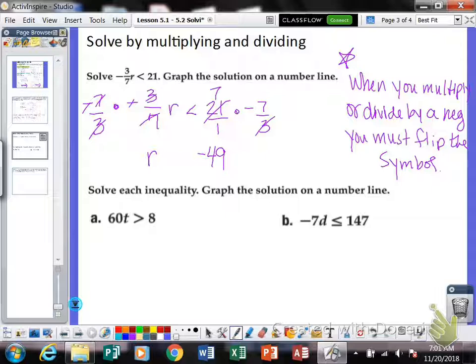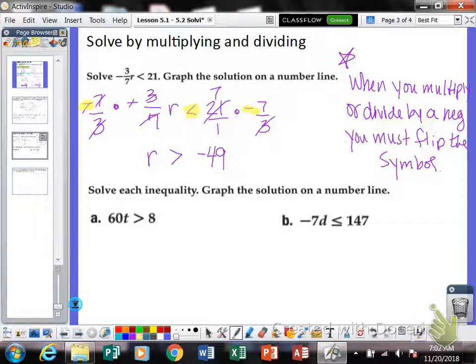Right now I have less than, but we multiplied by a negative. Therefore, I now have to say r is greater than negative 49.